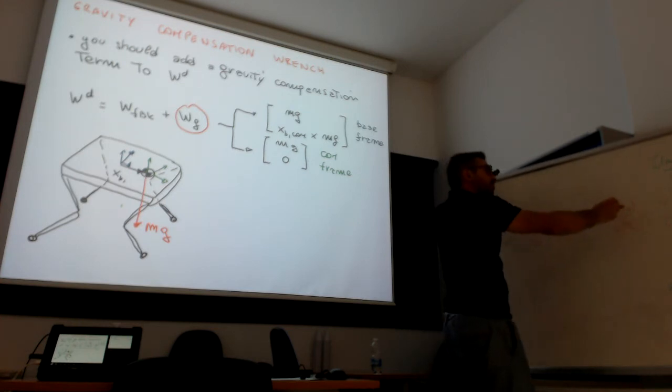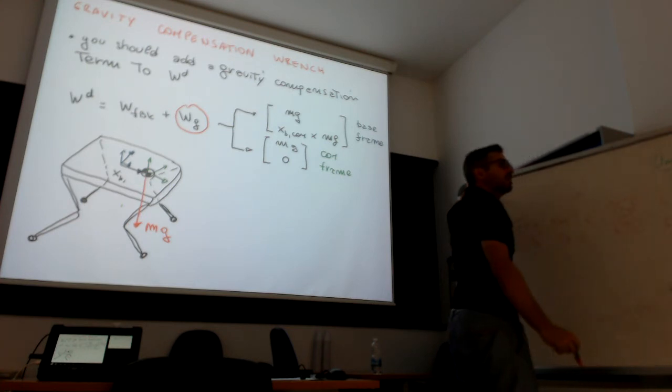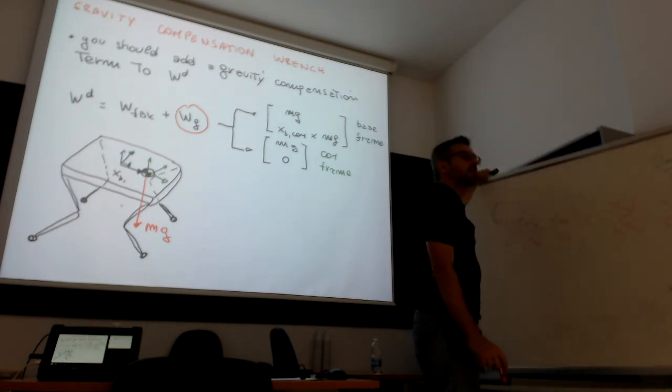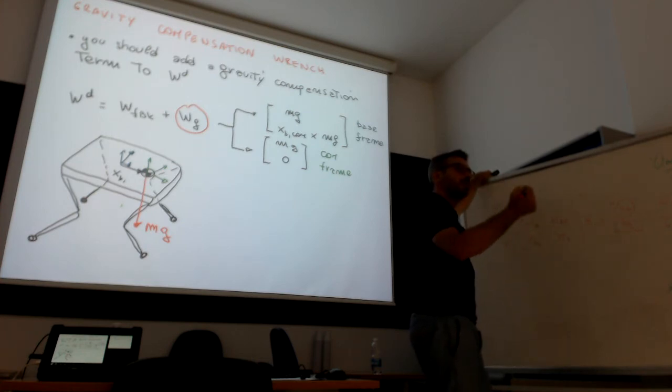And here you have a total gravity that needs to be sustained by the contact forces. So the contact forces, when you map to them, should have the total gravity of the robot. So you need to compensate, should fit the total gravity of the robot.